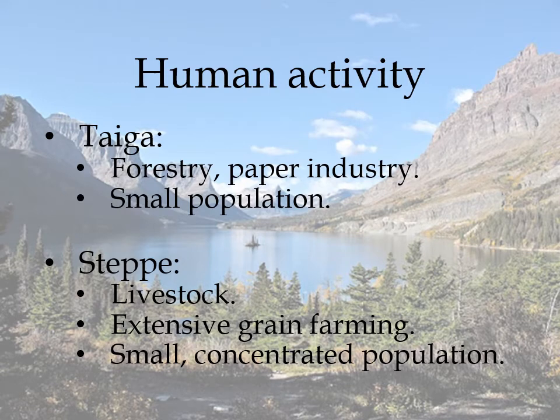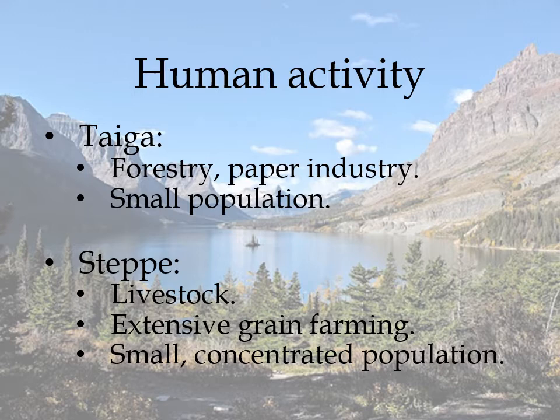So the human activity is divided: in the taiga, the forest, they take the wood for making furniture or for the industries, and they have a small population because it's not suitable for living or for a great amount of people. And in the steppe, they have livestock.